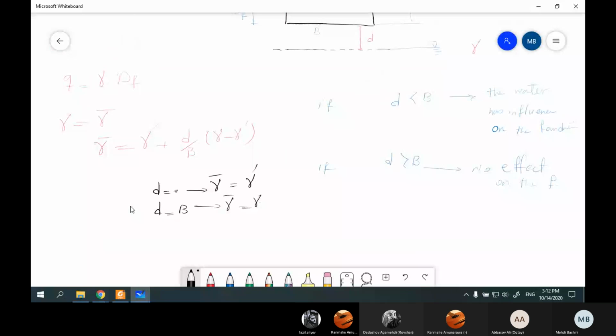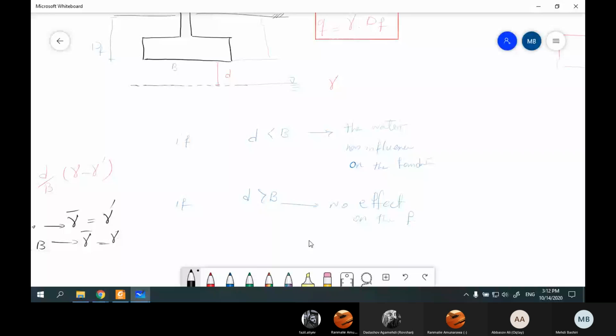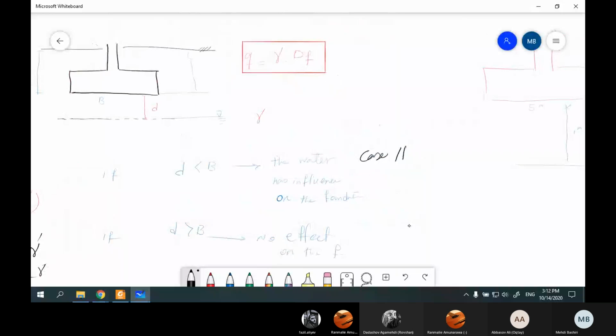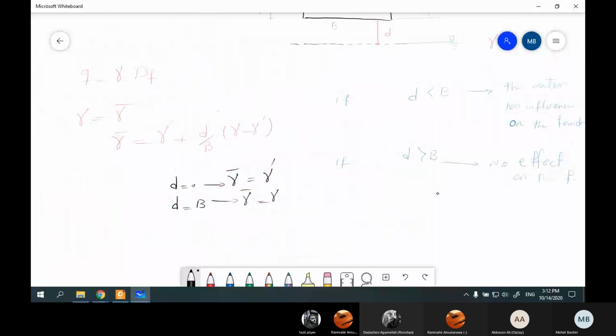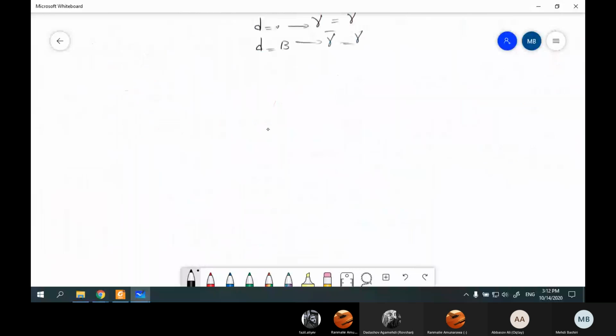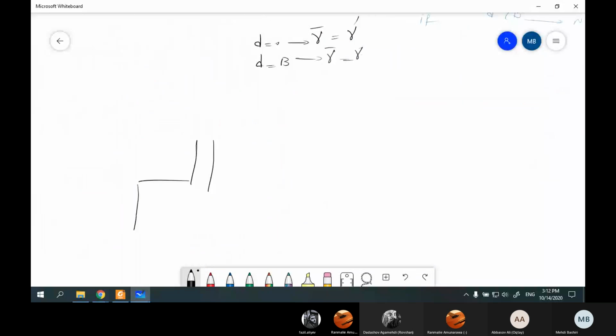So that is case 2, and for this case, I think it's a little complicated. For case 2, this is the ground level, and this is the water level.